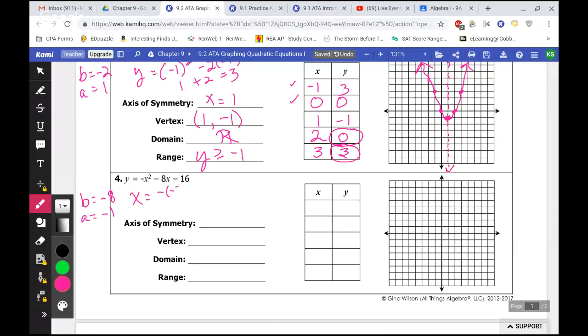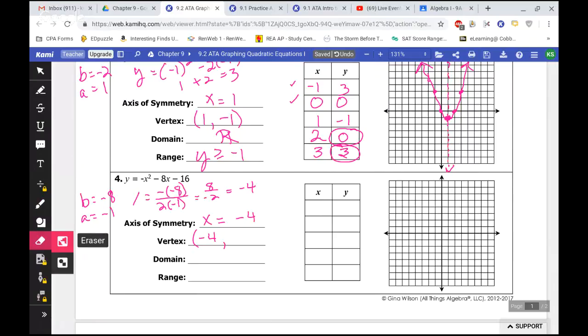The opposite of -8 over 2 times -1. So the opposite of -8, or -1 times -8, is +8. And 2 times -1 is -2. So that gives me -4. So my axis of symmetry is x equals -4. That is also the x coordinate for my vertex.